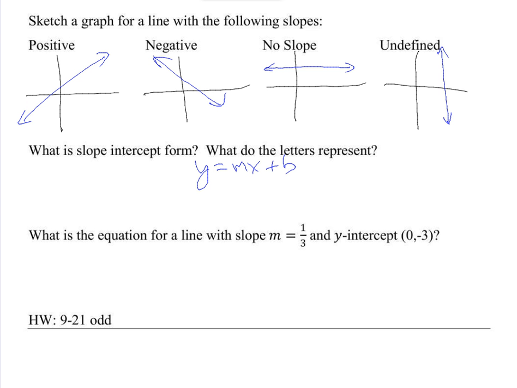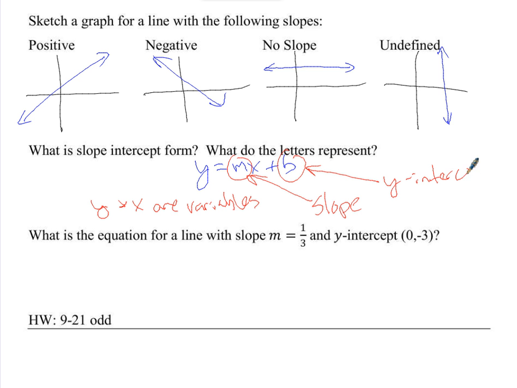What is x? y and x are variables. What is m? What is b? Good. Slope-intercept form gives you the slope and the y-intercept just by looking at it. All you have to do is solve for y.